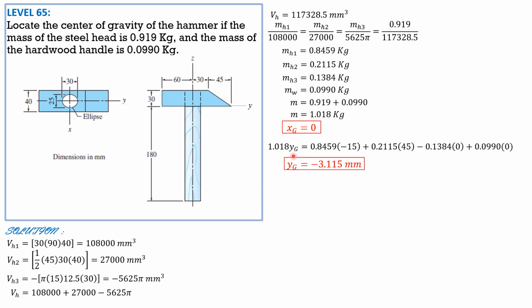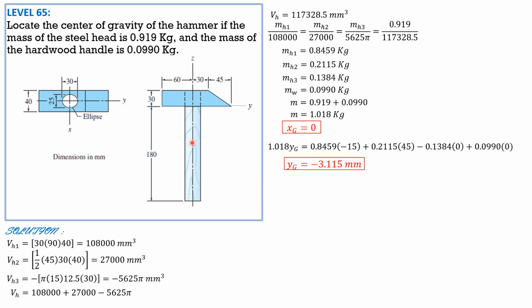Then 1.018 zg is equal to, so for the first hammerhead, it is 15 mm, half of 30 above the y-axis. For the wedge, 1/3 of 30 is 10. And for this portion, it's 15.